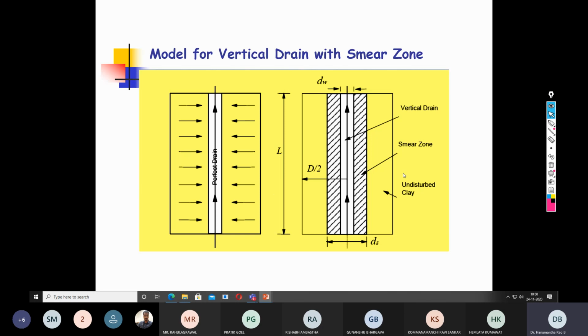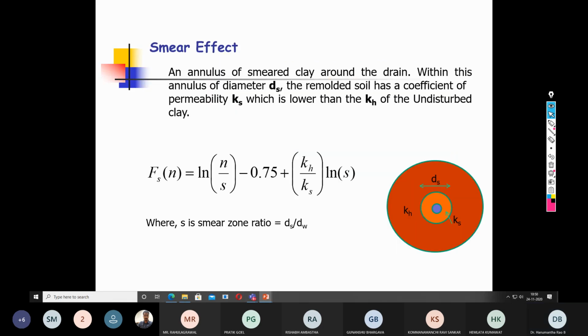So this is a model very similar to sand drain, which depicts the central core as the vertical drain, and there is a smear zone effect, and there is undisturbed clay. This is the equation accounting for the smear effect.